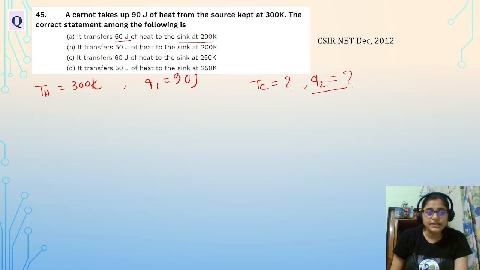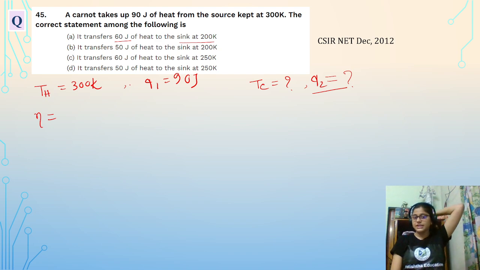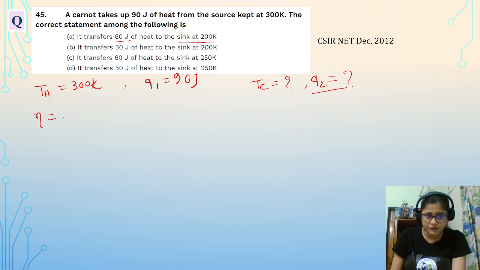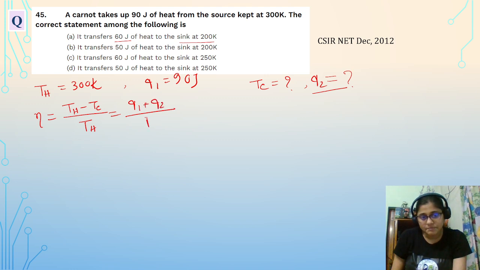Fine. So first we know efficiency, eta. We can relate temperature and heat via efficiency. Obviously, it was (TH minus TC) by TH equal to (Q1 plus Q2) by Q1, right?